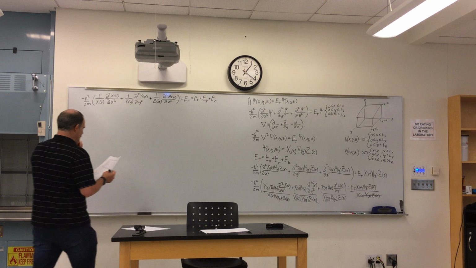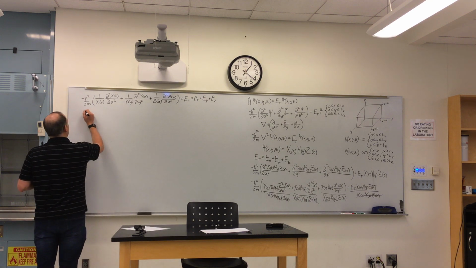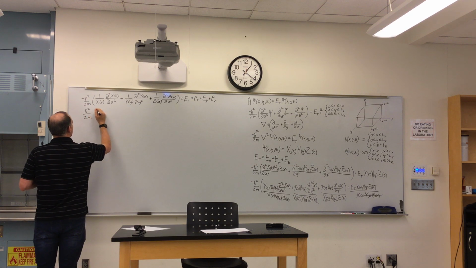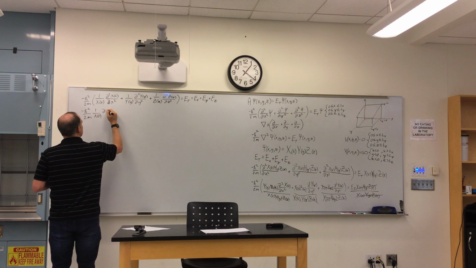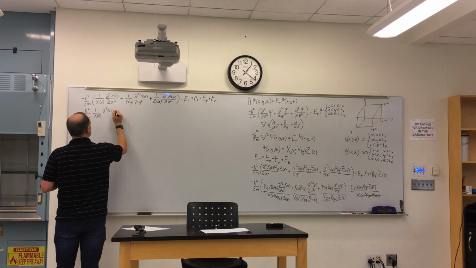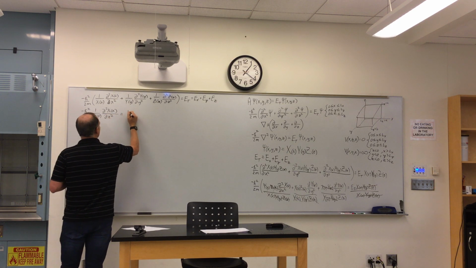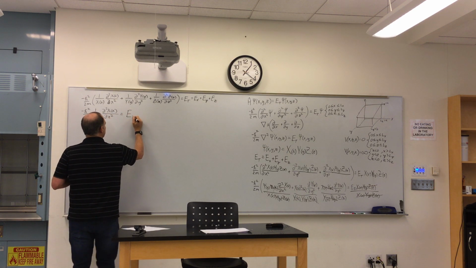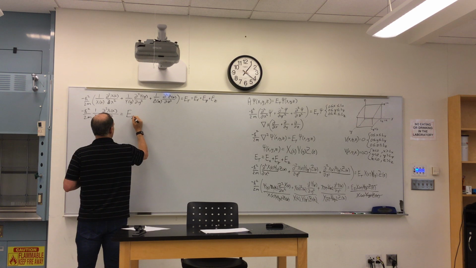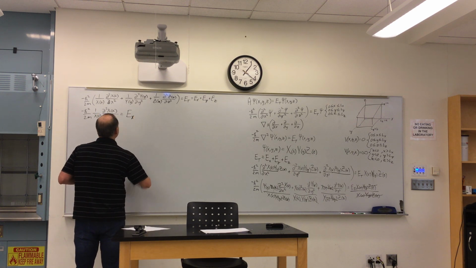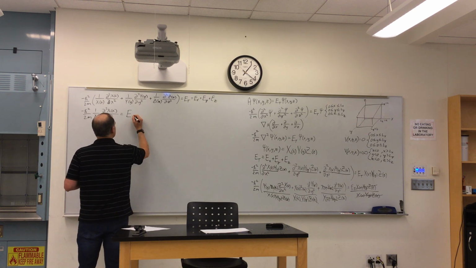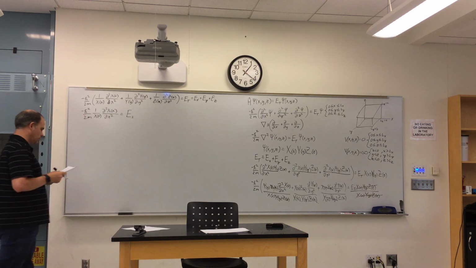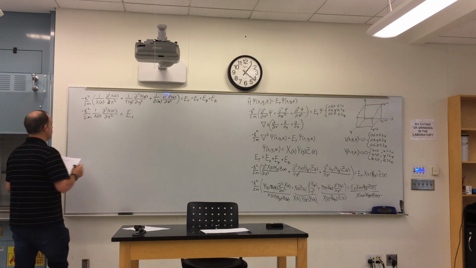And so we can pull them out and say minus h bar squared over 2m, 1 over x of x, del squared x of x, del x squared is equal to your energy in the x direction. Okay, and we can do the same for y.